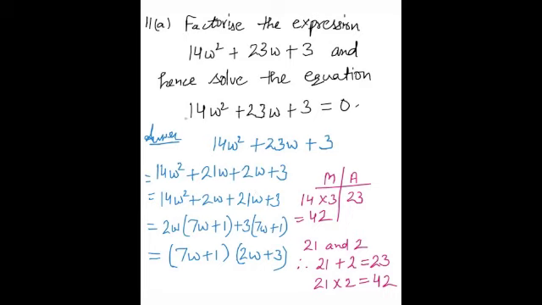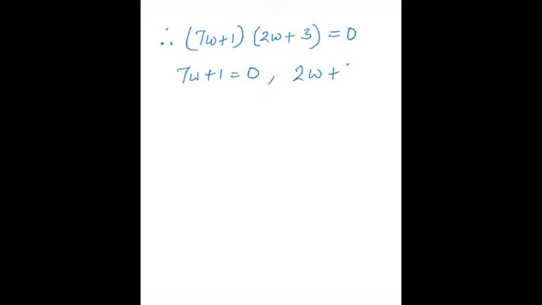And now the first part also says we have to solve the equation. Therefore 7w plus 1 brackets 2w plus 3 is equal to 0, which means 7w plus 1 is equal to 0 and 2w plus 3 is equal to 0.